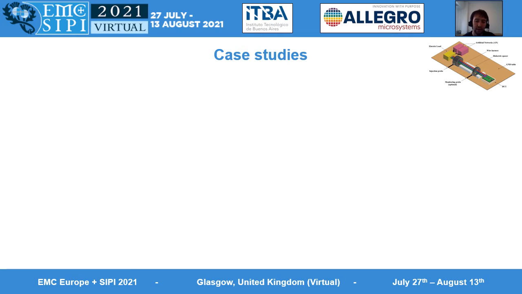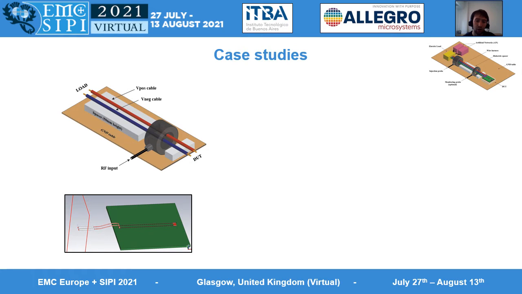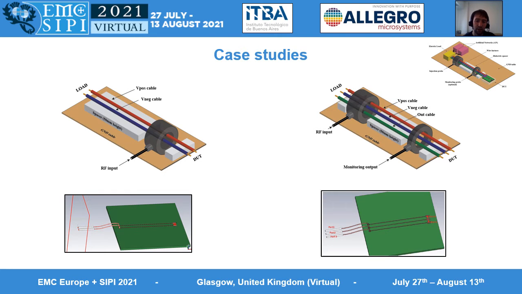So one of our case studies will be a 2-wire open loop or substitution harness, because we will not have the monitoring probe. On the other hand, the second case study will be a 3-wire closed loop setup, in which we do have the monitoring probe. In both cases, we will have PCBs, in which there is a transmission line with a ground plane on the bottom layer.